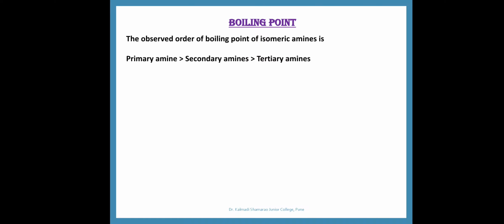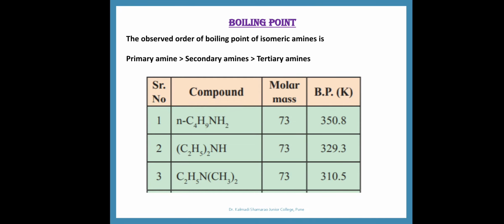The observed order of boiling point for the amines is: primary amines have higher boiling point than secondary amines, and secondary amines have higher boiling point than tertiary amines. This can be given in tabular form, wherein the primary amine has the highest boiling point compared to the secondary and tertiary amines.